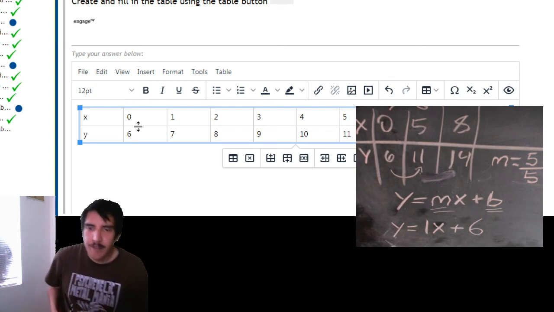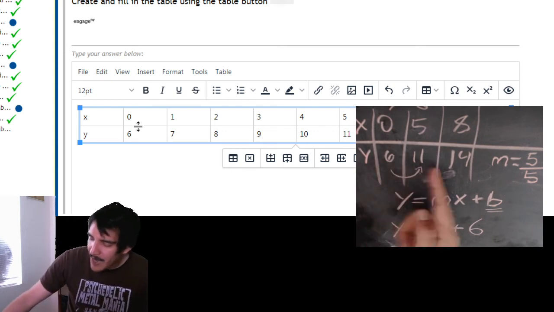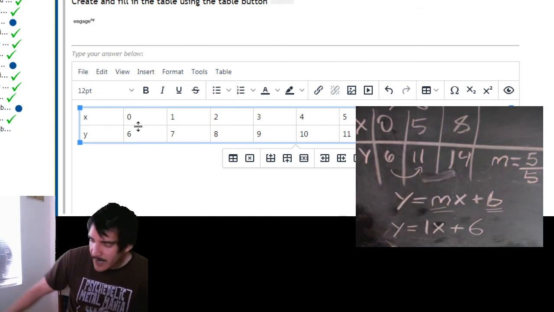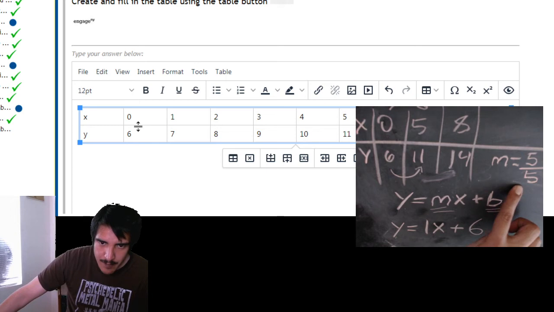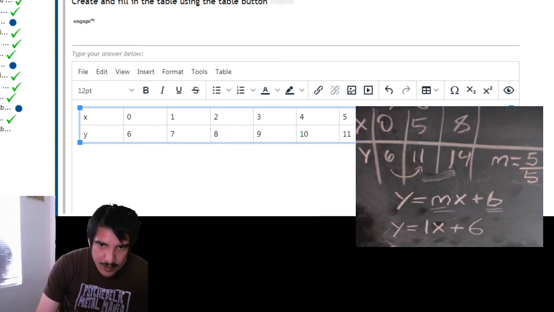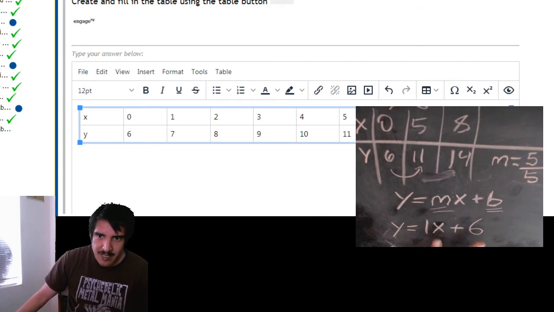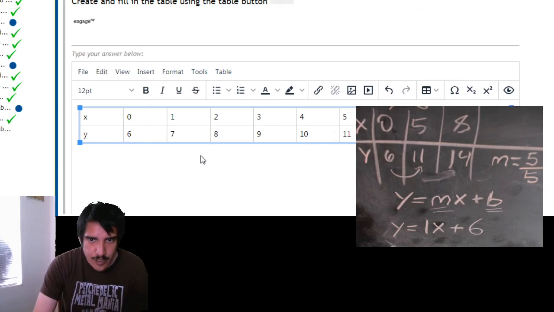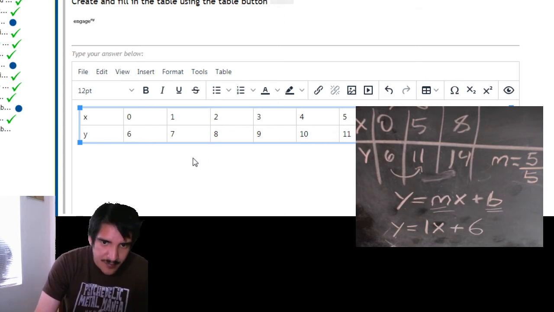Now, obviously, I filled out this table by looking at the pattern of what they're counting by on the table and then calculating the slope. But you can also use this formula that says 1x plus 6. You can put in whatever value of x you want in there, and it'll give you some correct value of y, okay? So if you insert this table, that should be enough, all right?